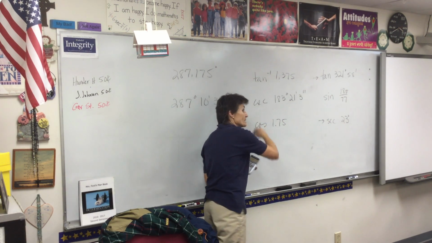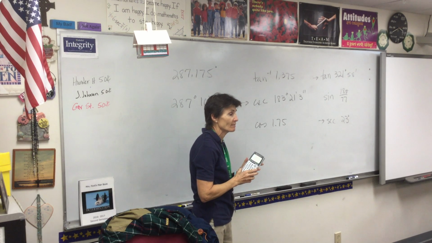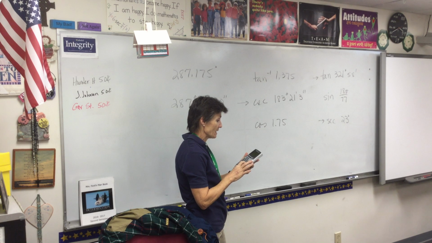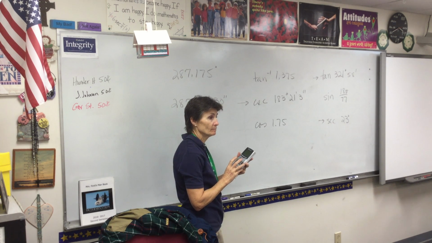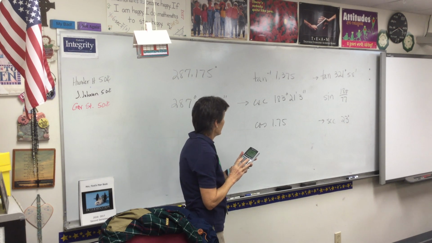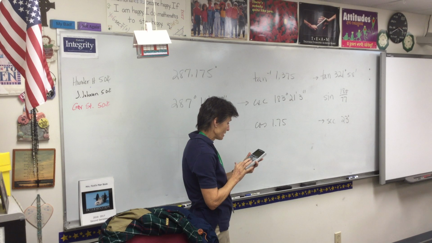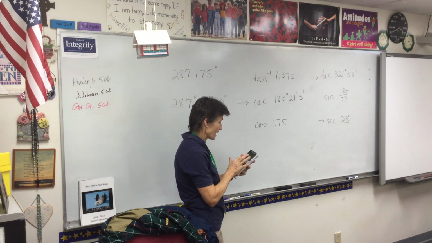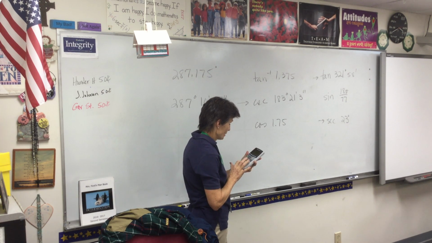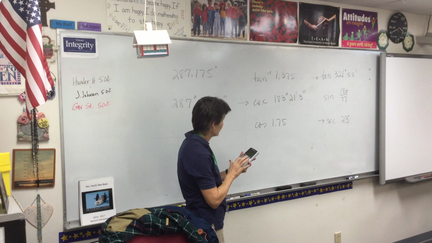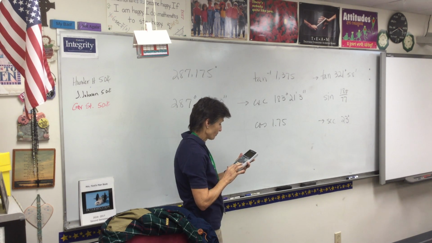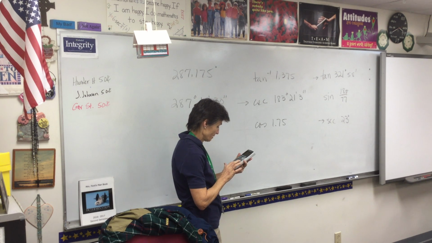How do I type a cosecant in on my calculator when I don't have that button? 1 divided by sine, right? And then I got to do 183 second apps degrees, 21 second apps minutes, and then 3 alpha plus.